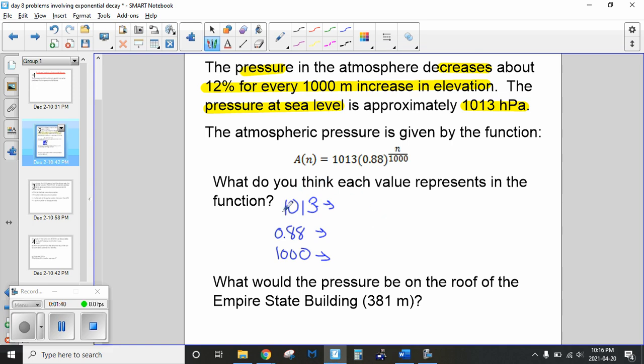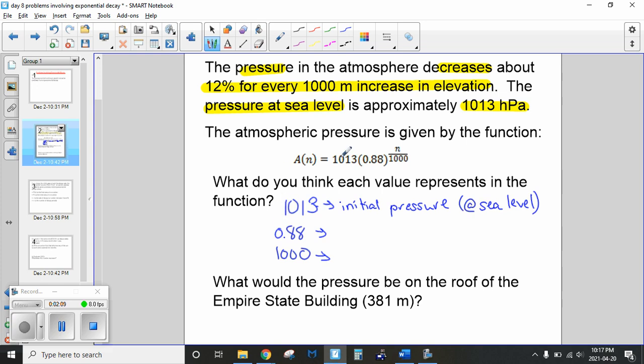So the 1,013, that was given in the question as the pressure at sea level. So I'm going to call that initial pressure. And if you'd like, you could say at sea level. And then the higher up we go, the lower the pressure is going to fall.